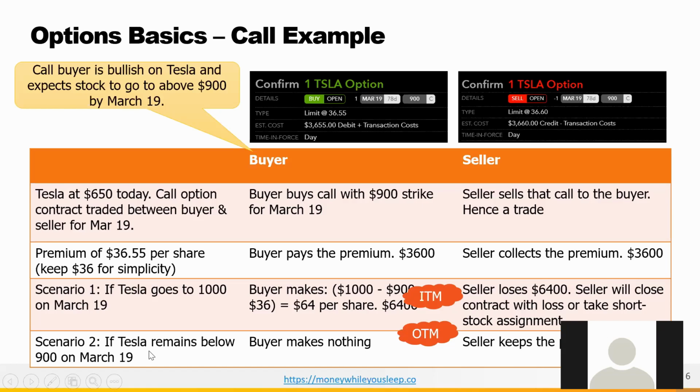Like the seller loses $6,400 plus premium, right? No, just like in the insurance world, if let's say a car insurance company, as a buyer of insurance, we are always going to pay the premium, right? So the car insurance company will keep that premium.